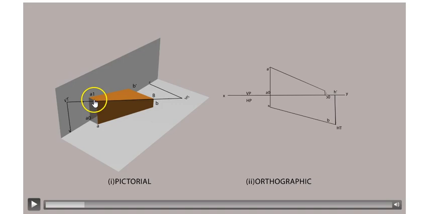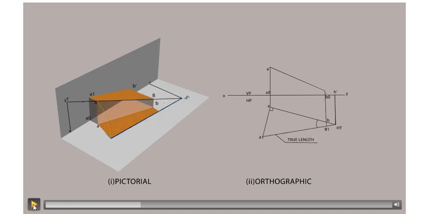Similarly, A dash B dash will be the line with respect to which this plane will be rotated, and it will be falling parallel to the vertical plane. So let's see that animation now.